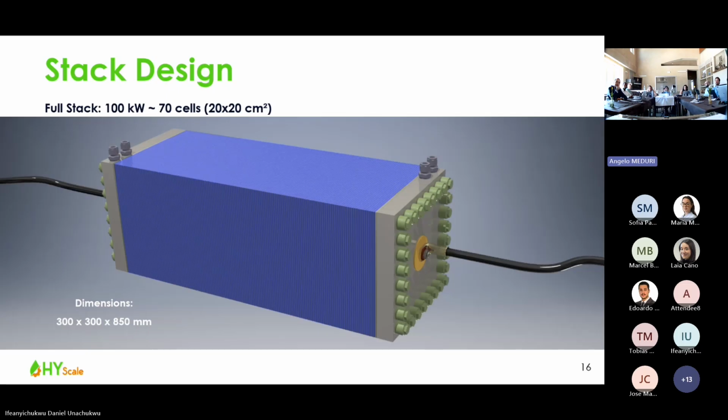So this is a model of the stack and the design. It has 100 kilowatt in the end with 70 cells, and the active area is 20 by 20 square centimeters. You can see here from outside that the tie rods, for example, go through the stack.